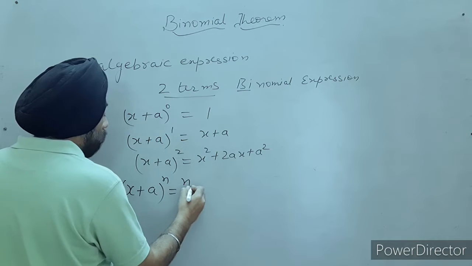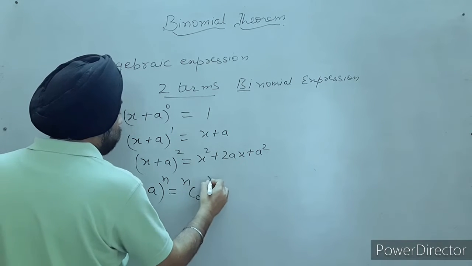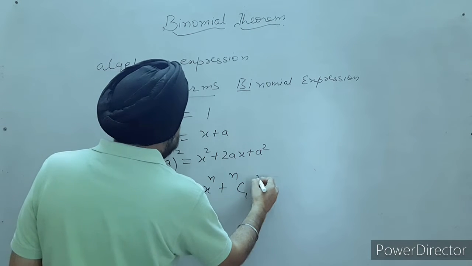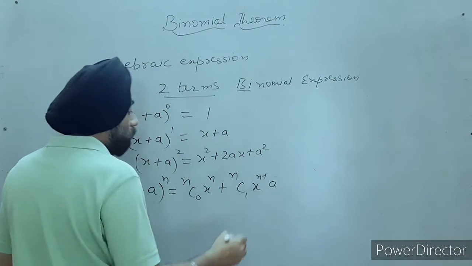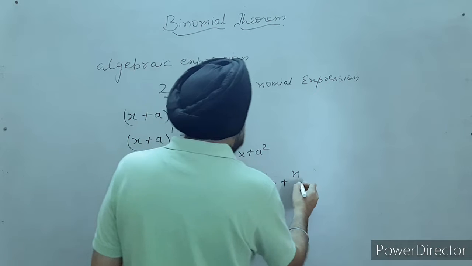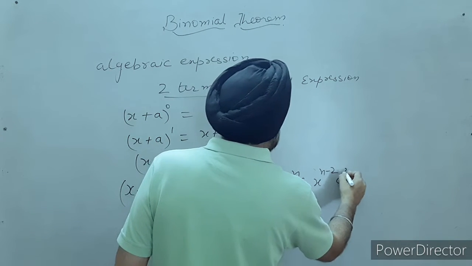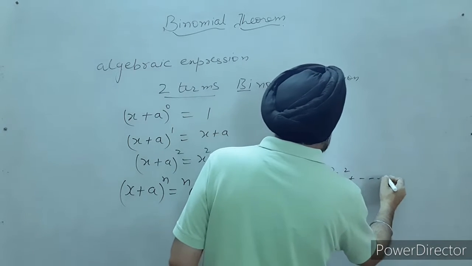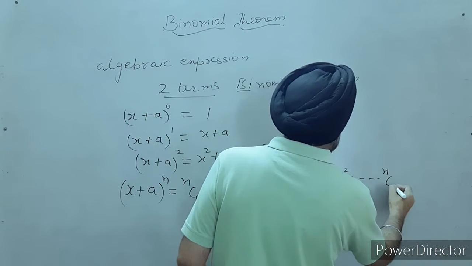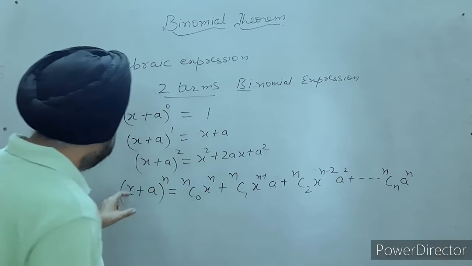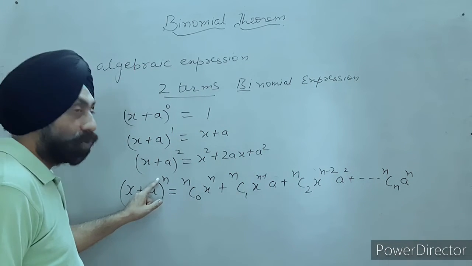So, by using this binomial theorem, we can expand x plus a raised to power n like this: nc0 xn plus nc1 xn minus 1 into a, then plus nc2 xn minus 2 a square, and so on till you reach ncn a raised to power n. This is how we expand x plus a raised to power n.